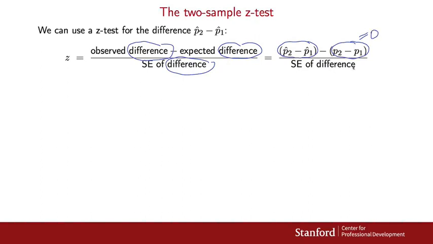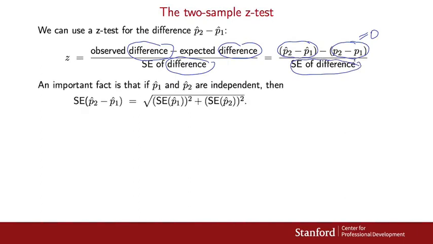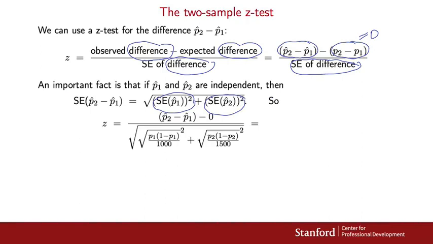And then the question is, what's the standard error? That's really the only thing that's new here. It turns out that if the two proportions are independent, that means the two samples were taken independently, then the standard error of the difference is we take the standard error of the first one, square it, take the standard error of the second one, square it, and take the square root of the sum. So let's plug this in.